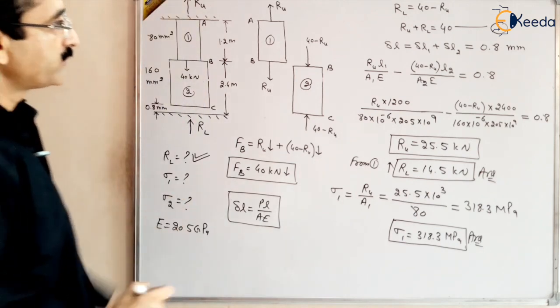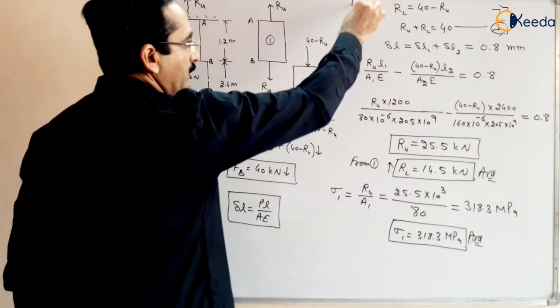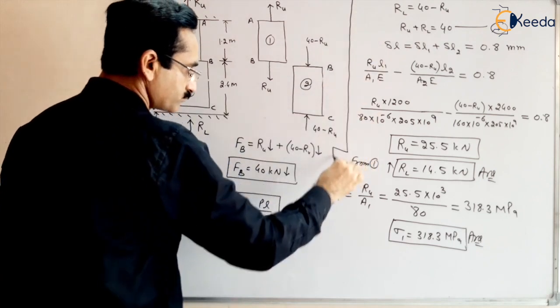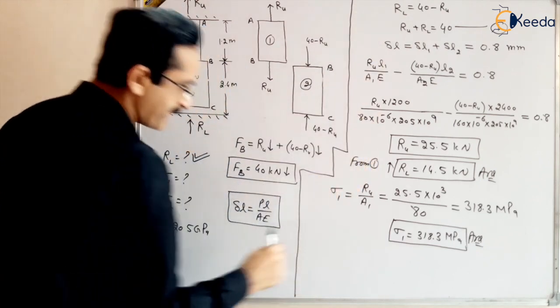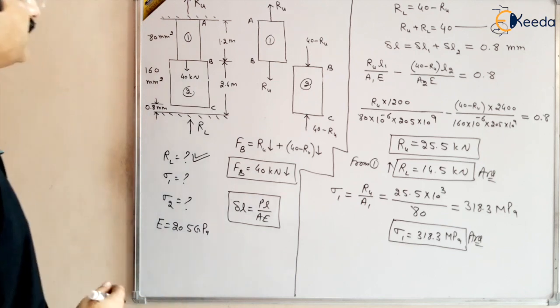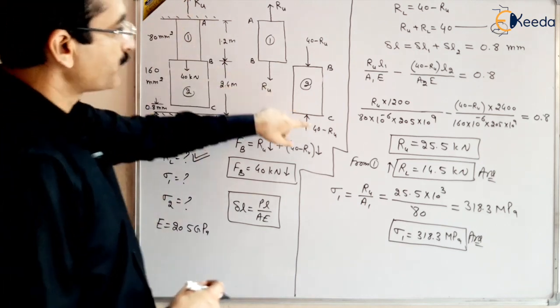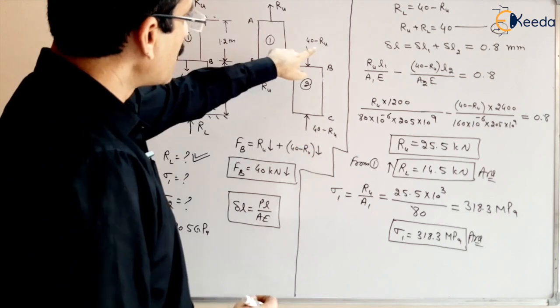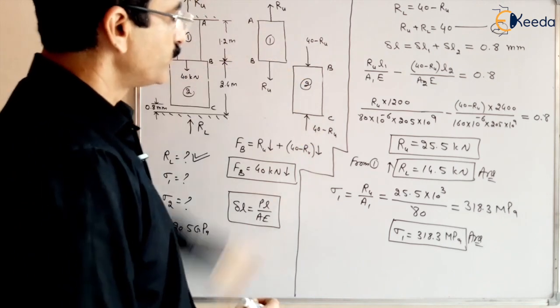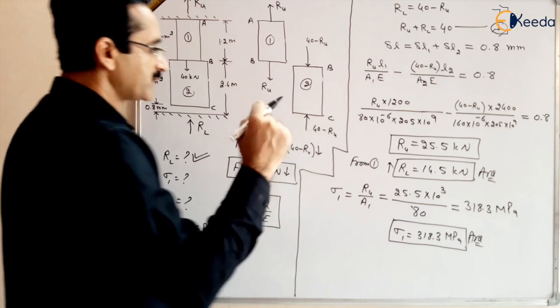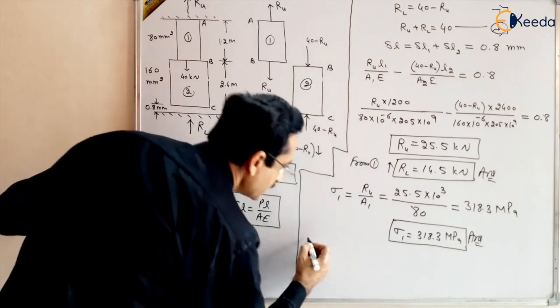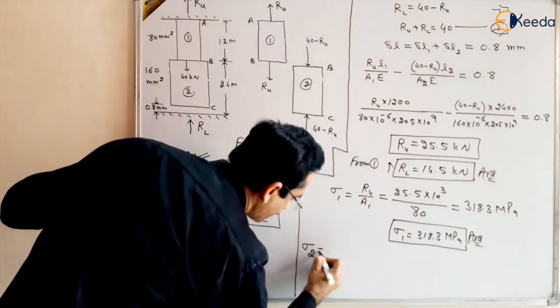Now we want to find out sigma 2. What is sigma 2? The force acting on part 2 is compressive. And how much compressive? 40 minus Ru. So 40 minus Ru is the force acting on part 2, and sigma 2 will be equal to force upon area.